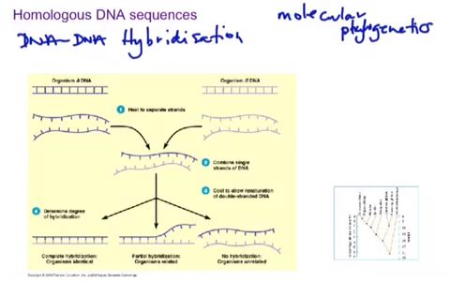But here it's being used very powerfully to look at the number of bases in DNA sequences that are held in common between different organisms. So hybridization means to join DNA from two different sources, and in this case it's from two different organisms. It's outlined here below.